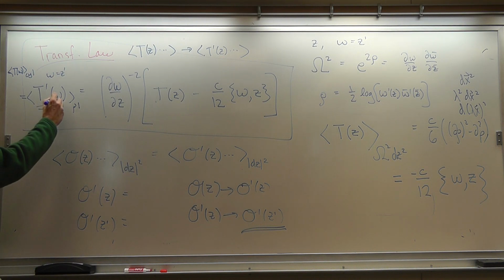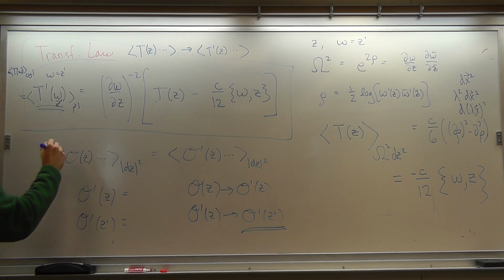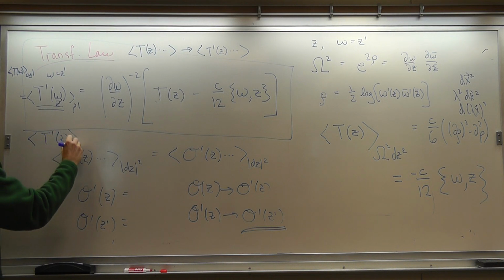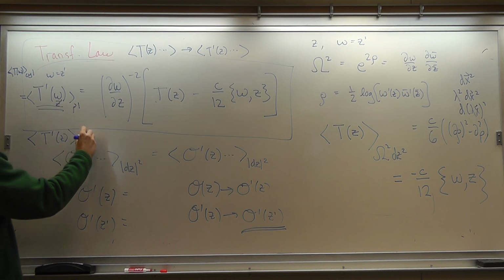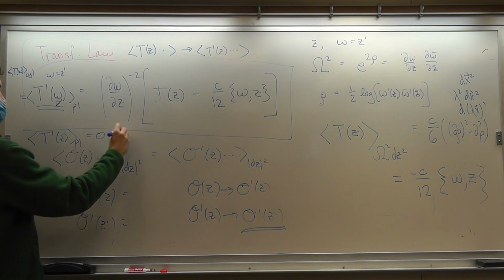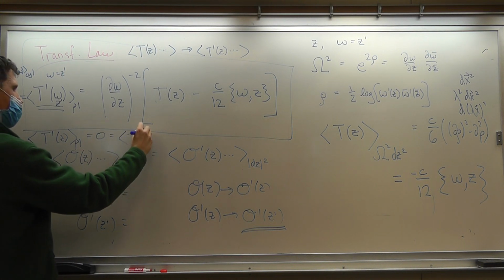It's because we put a Z prime here. Yes. It's because this is a Z prime. You also need to put a Z prime. Right. If we had calculated this, T prime of Z on the plane, then we would get 0, because by conformal invariance, this is the same as T of Z on the plane.